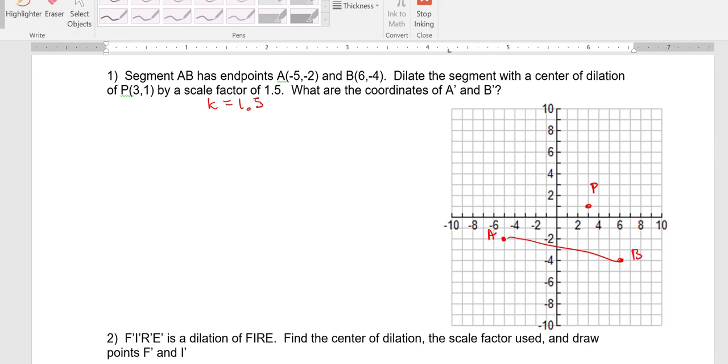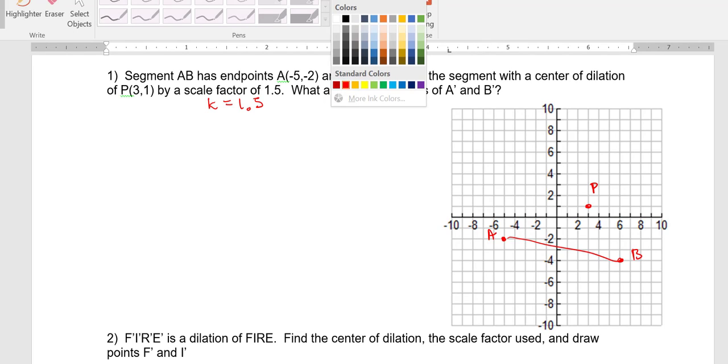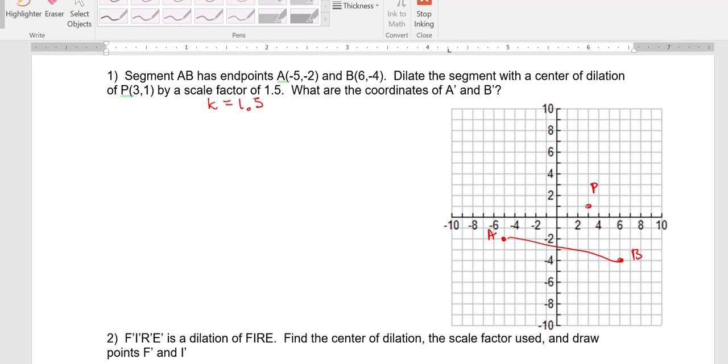There's two ways to approach this problem. The first one is, I could take P and move it to the left 3 and down 1 so that the center of dilation ends up being at the origin. Basically I'm going to take all of these and move them left 3 and down 1, like this.